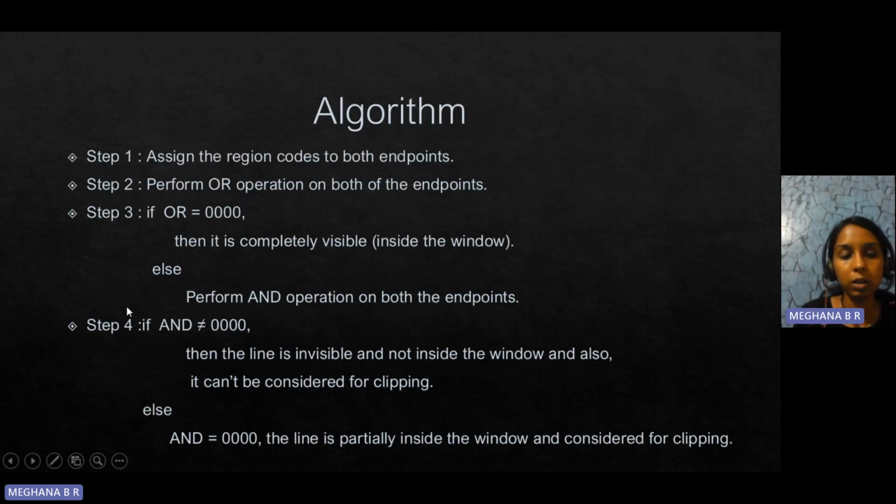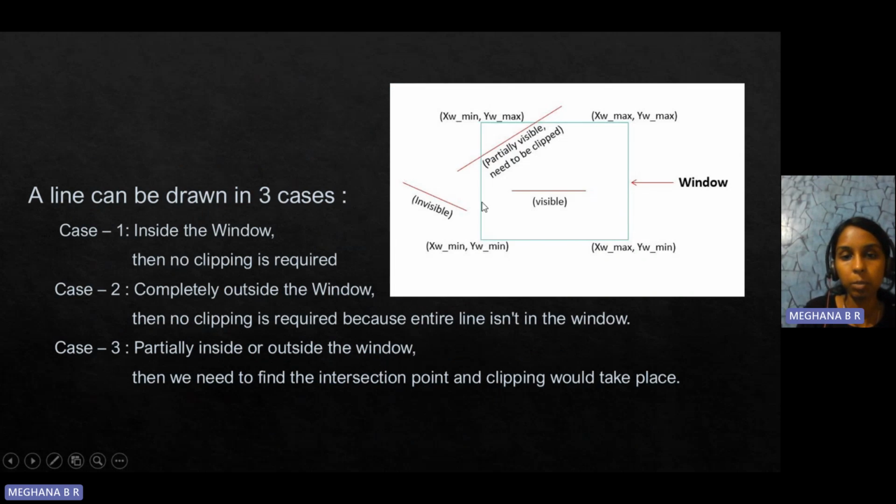Else, if that is not 0000, then you have to perform the AND operation on both of the endpoints. After performing the AND operation, if the result is not equal to 0000, then the line is invisible and not inside the window, and it cannot be considered for clipping.